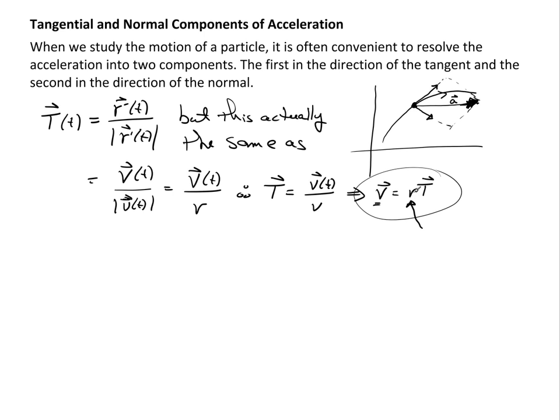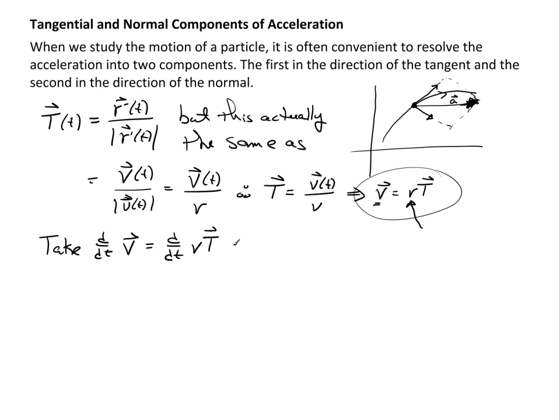Now, I can take the derivative of both sides. If I now take d/dt of both sides, I'll have d/dt of the velocity vector, again a function of t, which is going to be equal to d/dt of v(t) times T. Remember, this is a vector, this is not, but V is a function of t.